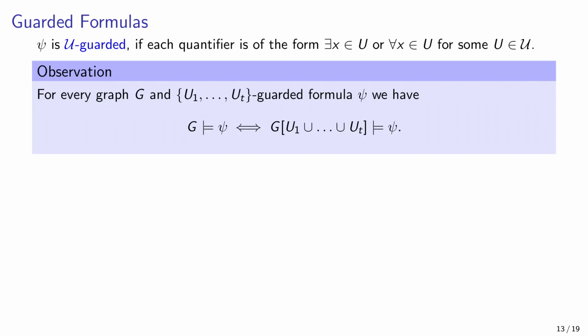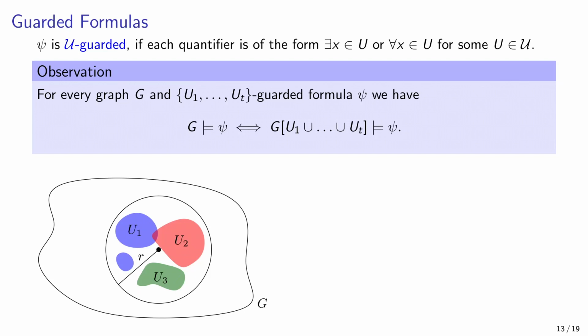And the observation is, if we have a graph G and we have a formula that is guarded by this family, then we actually don't care about the vertices that do not appear inside any guard set. So if we evaluate psi on G, we get the same result as if we evaluate psi on the induced subgraph, where we only keep the vertices which appear inside the guarding sets.